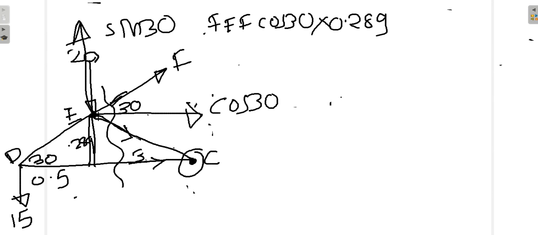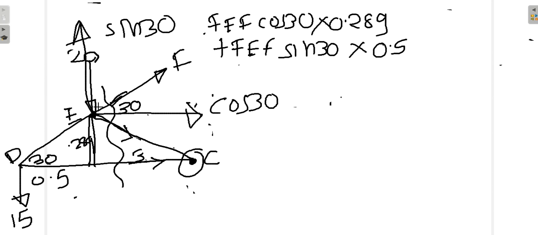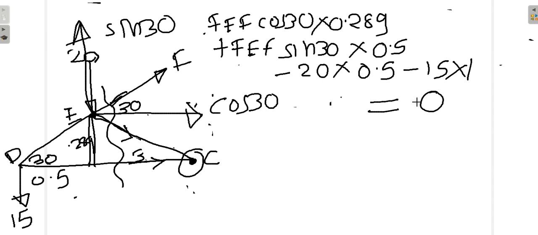FEF sin 30 is upward, that will also be clockwise. So plus, this 20 will have a moment arm in the anti-clockwise direction. And 15 will have a moment arm again in the anti-clockwise direction, and their sum will be 0.